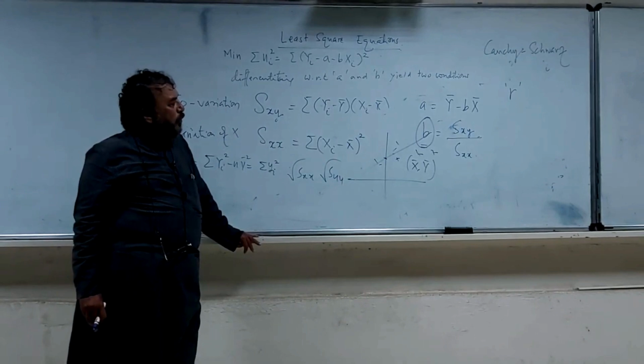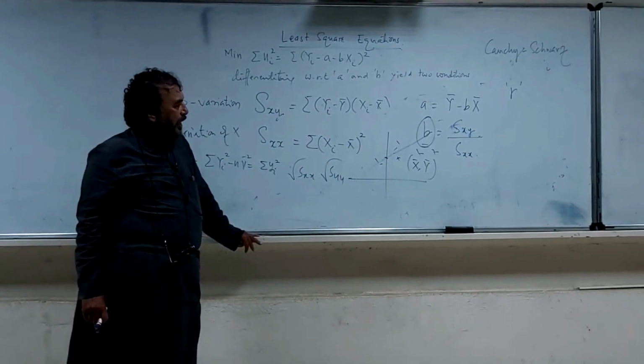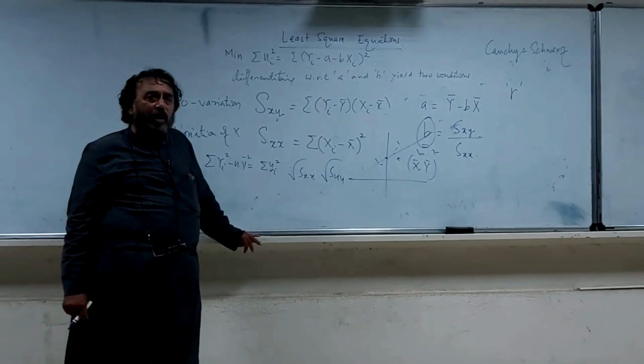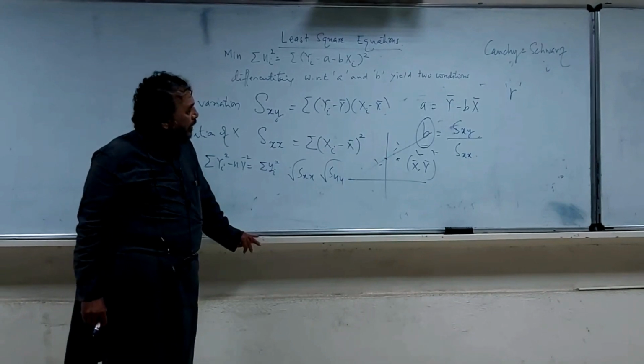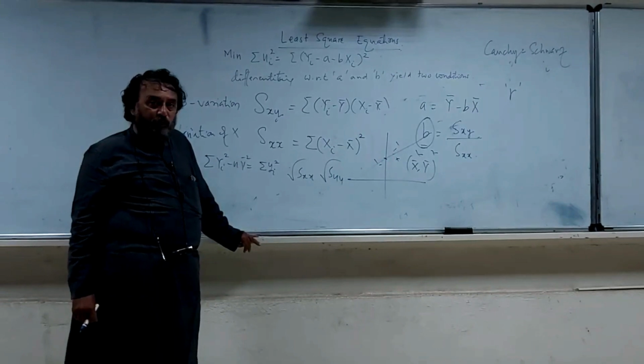So we are going to look at two ways which are rather familiar from descriptive statistics. One is to understand that the line passes through x bar and y bar, and what the significance of that is with respect to the nature of the error term, or rather the nature of the error term in terms of its mean.